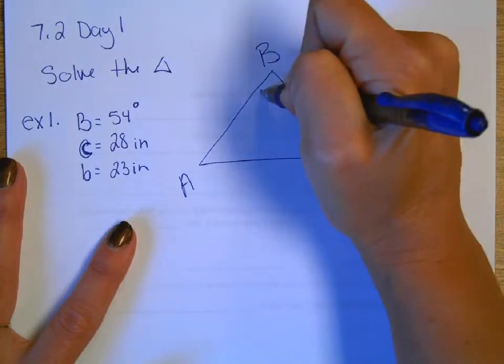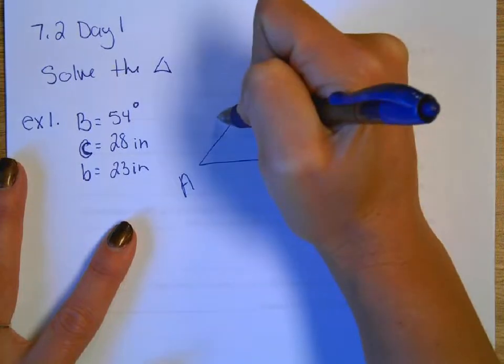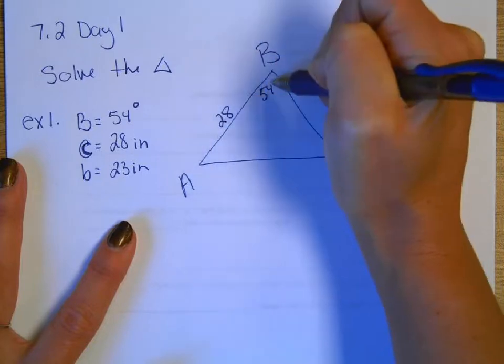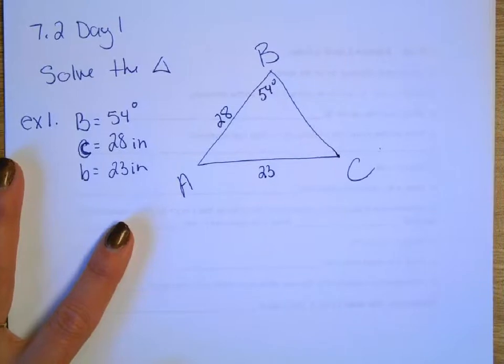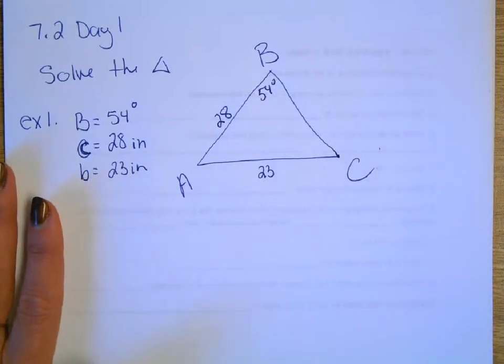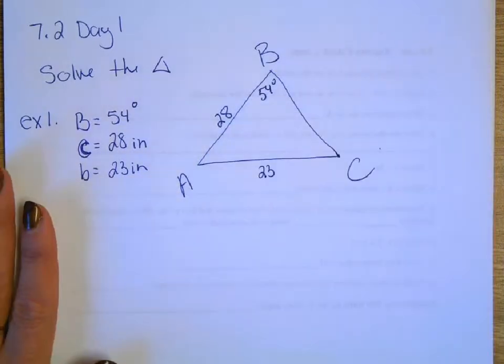So B is 54. Little c is 28. Make sure you're labeling in the right spot, and little b is 23. I don't try to make them look to scale. It doesn't matter. You just need the positioning so that you can get the proportions right.